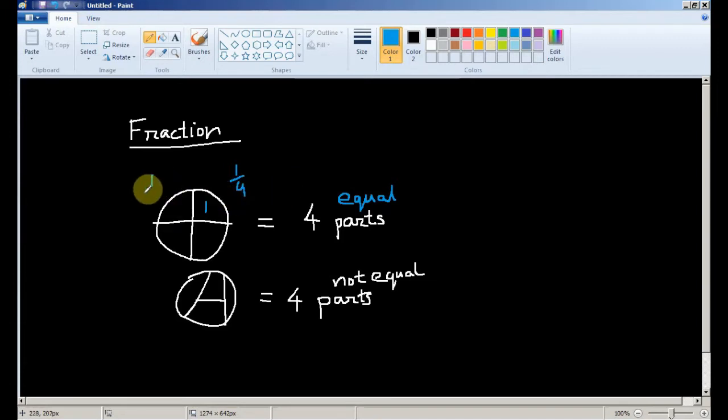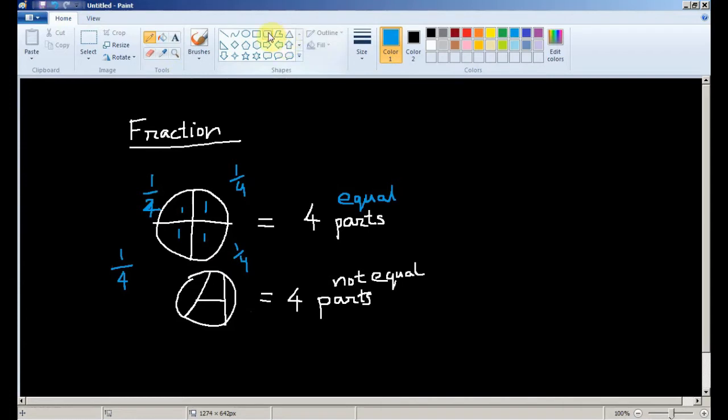Another person receiving one slice is also receiving 1 out of 4, and this one is 1 out of 4. So that is what fraction means.